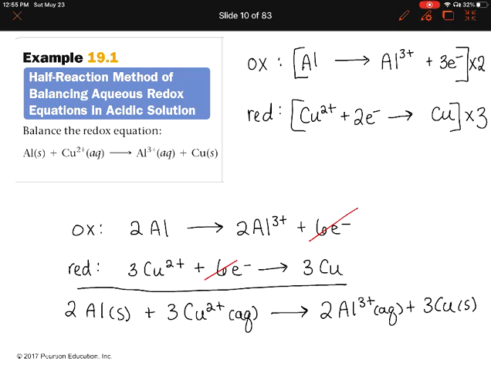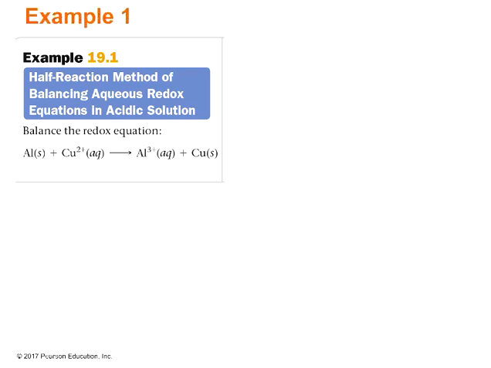Now let's make sure that we have the same number of atoms on each side. So it looks like we have 2 aluminum atoms on each side and 3 copper atoms on each side. So that works out. And let's make sure the charge is the same on both sides. So I'm actually going to rewrite this equation.